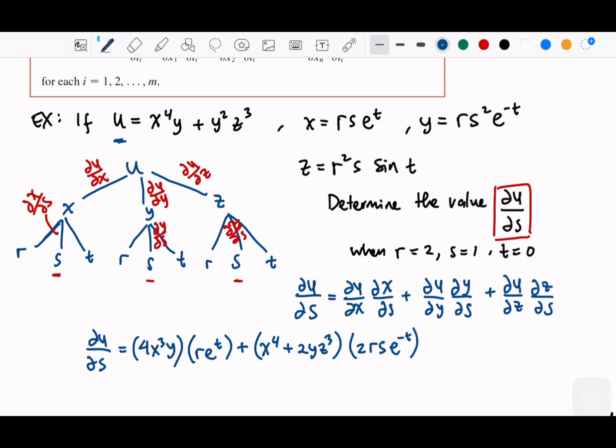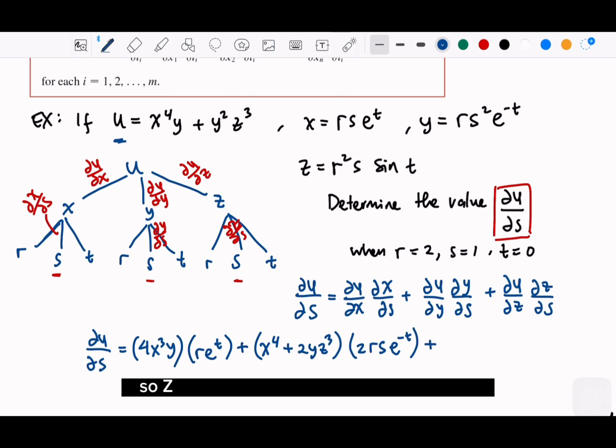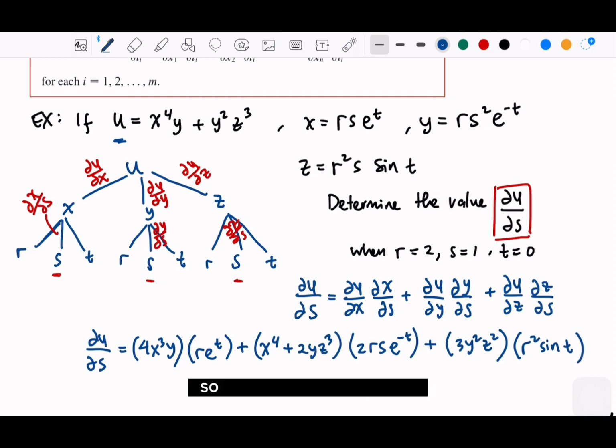Okay. And then last one, it's z cubed. So z cubed becomes 3y squared z squared. Okay. And the other one is constant, is 0. And ∂z/∂s is r squared sine t. Okay. So the rest is computations, and be careful when doing that.